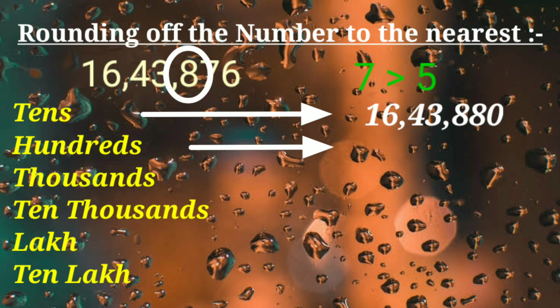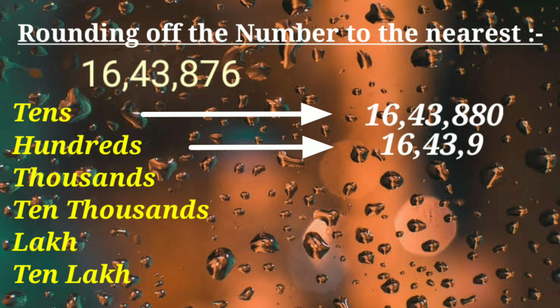Change all the digits to the right of the hundreds place to 0. So the rounded up number is 16,43,900.